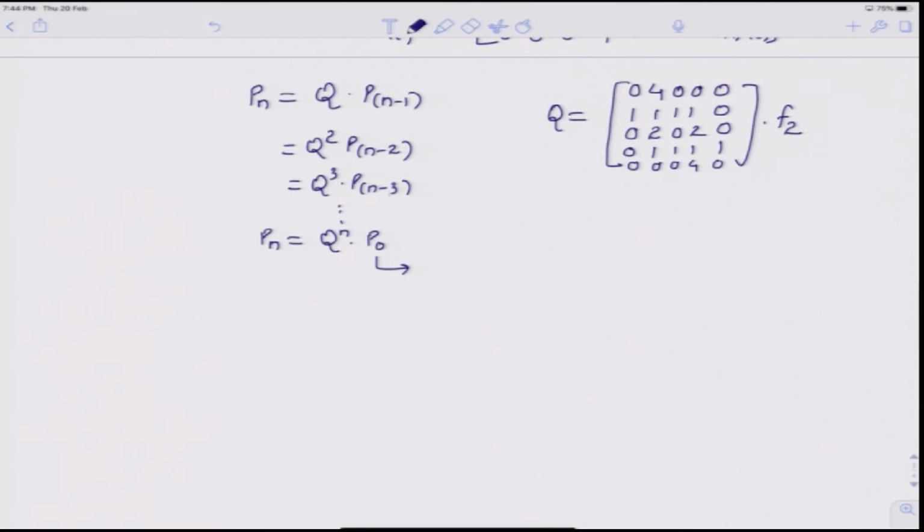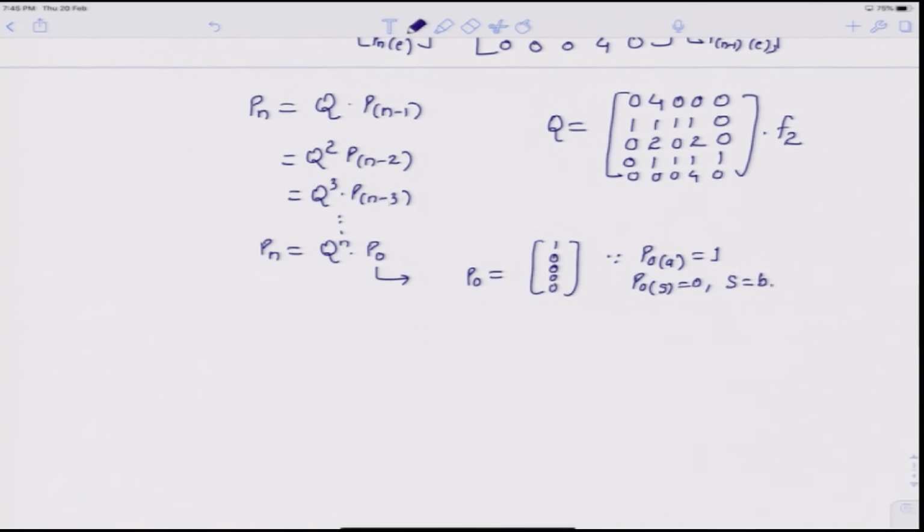So, we can write this matrix P0 as simply 1, 0, 0, 0, 0. This is because P0 of A we know is 1, whereas P0 of S is equal to 0 for S equal to B, C, D and E.